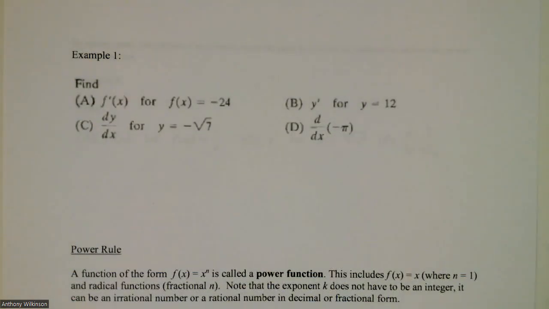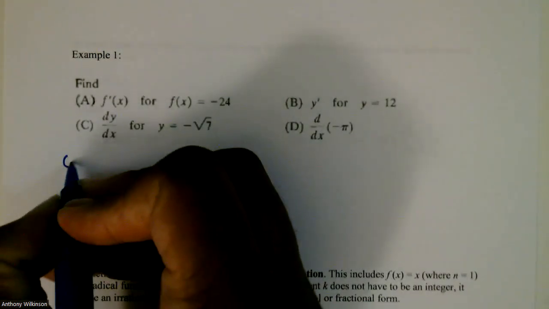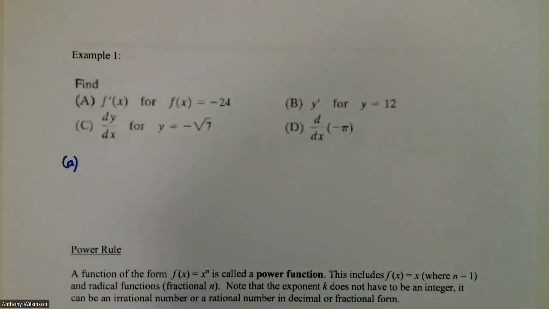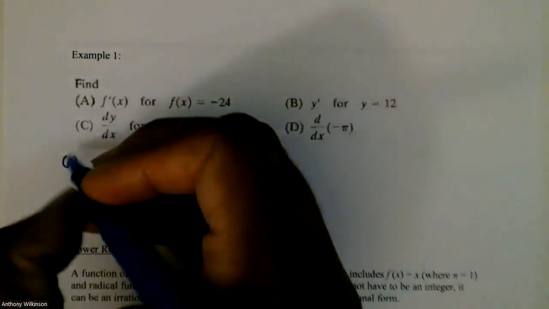Now, as we're going to see in these examples, let's say I want to find, in part A, f prime of x for f of x is equal to negative 24.